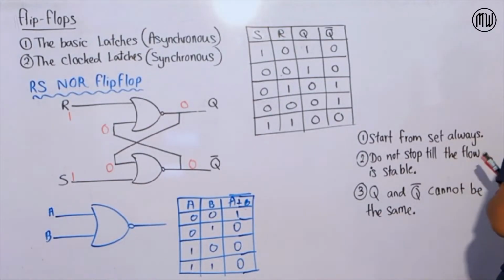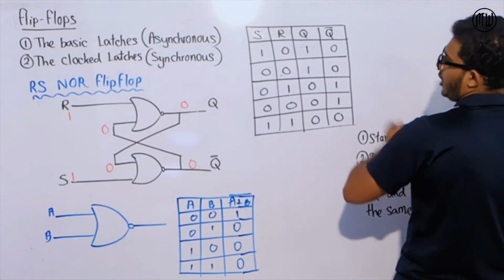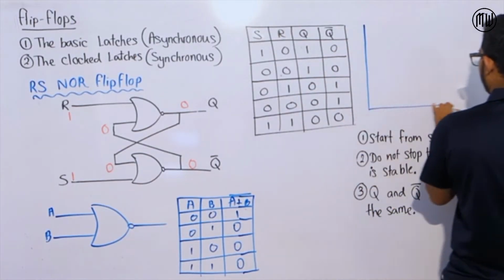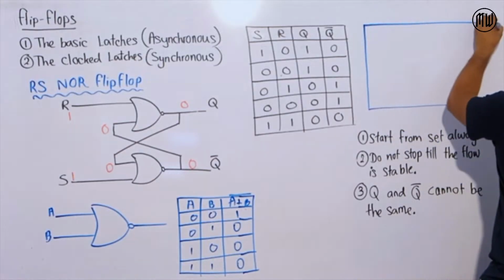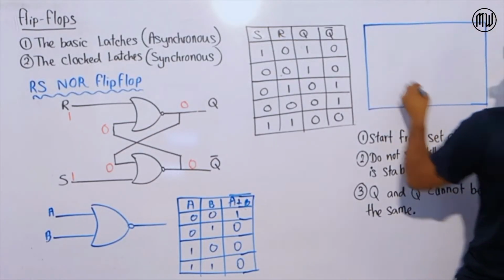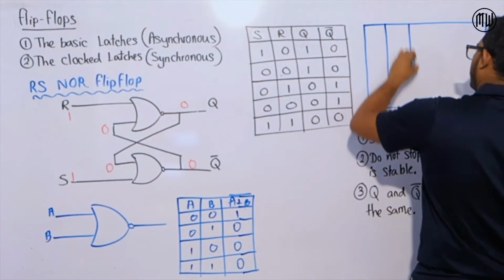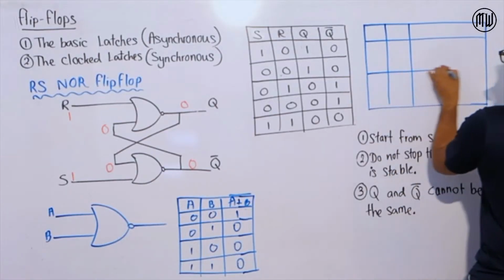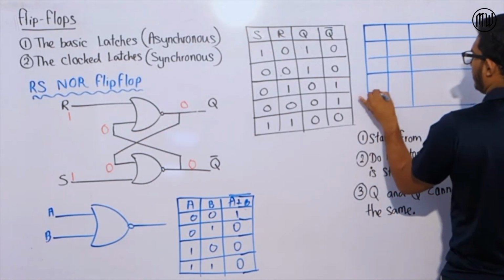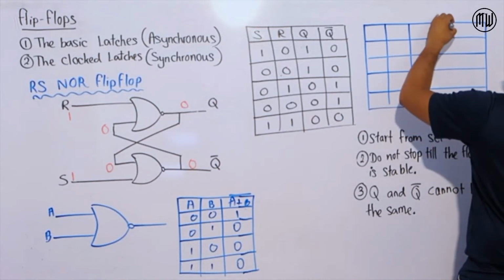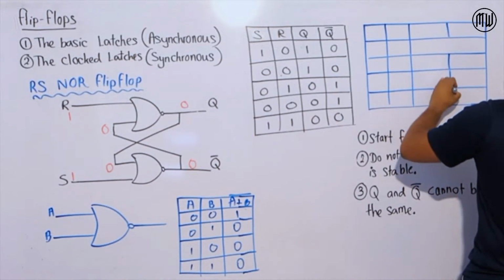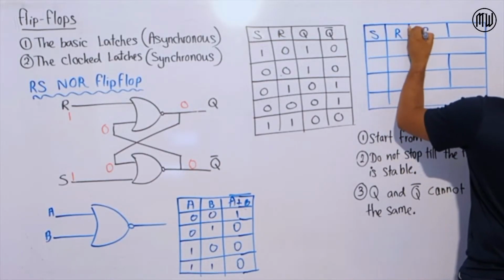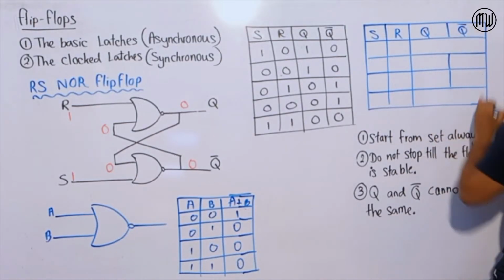Meaning, if we draw the proper truth table for the NOR flip-flop, it will look something like this. So this is S, this is R, this is Q, and this is Q bar.